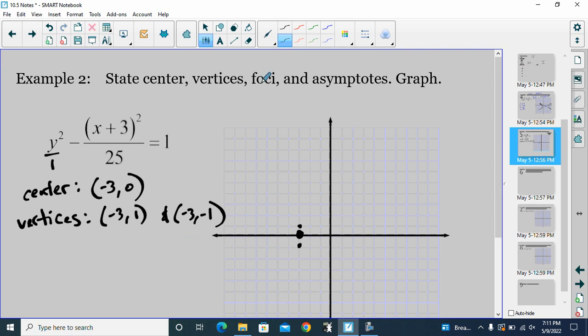To get the foci, we want to use c squared equals a squared plus b squared. A is 1, b is 5, c squared is 26, so c is root 26.